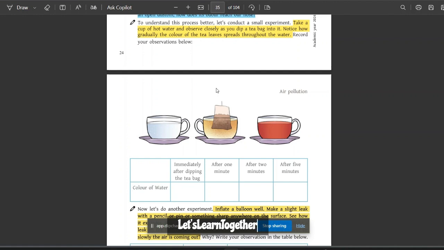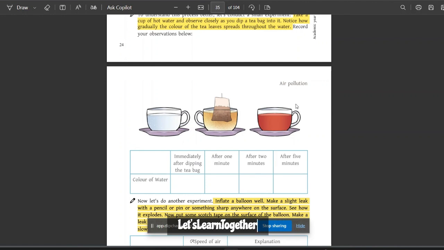That tea bag contains tea leaves, right? So the extract of those tea leaves gets absorbed by the hot water, and then the water turns red. And when it becomes dark red, we understand that the tea is ready to be taken. So this is the entire process.